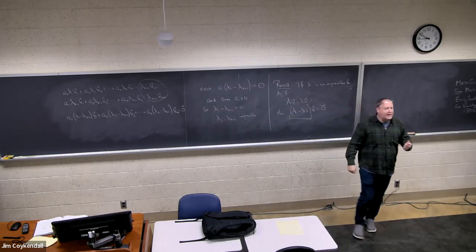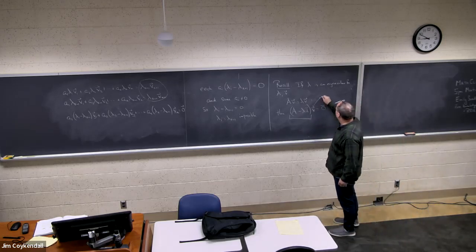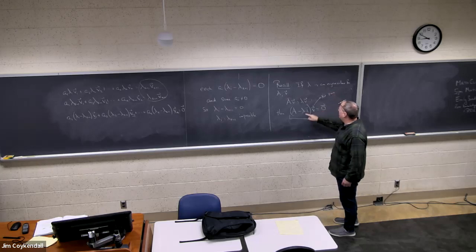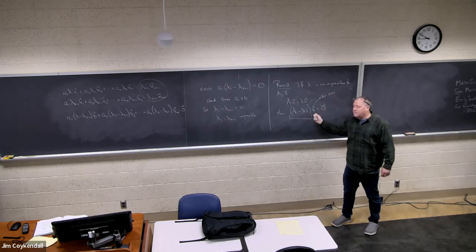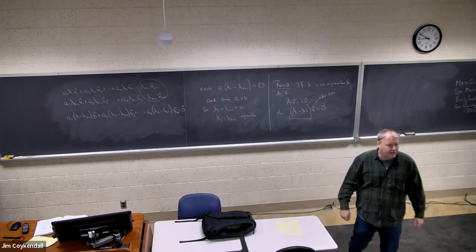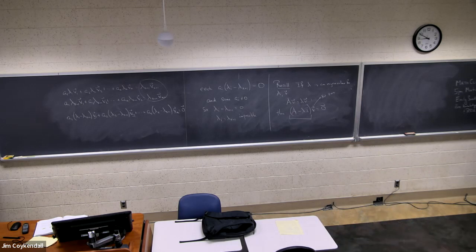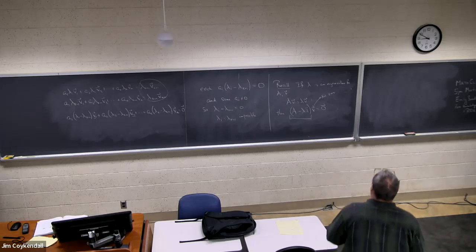When you have an eigenvector that's not 0, that means the null space of this matrix is non-trivial. Everybody agree? And that's a square matrix. When you have a square matrix and the null space is not trivial, what can you say about the determinant? The determinant must be 0.